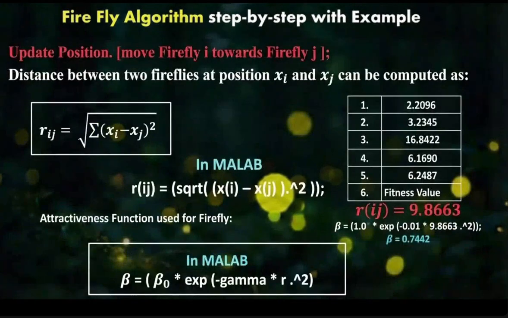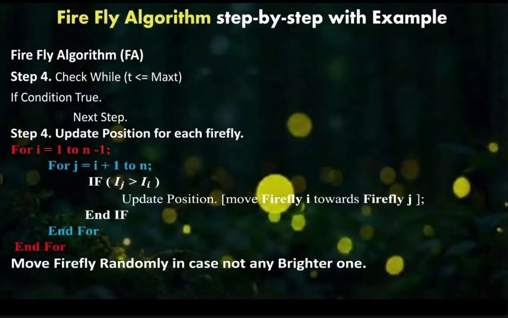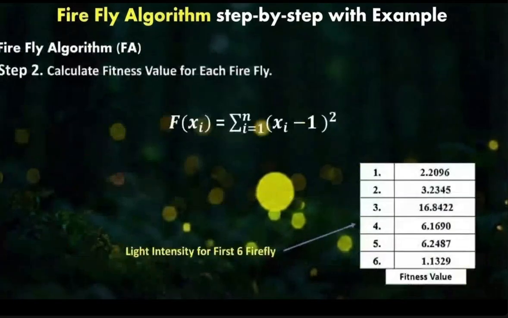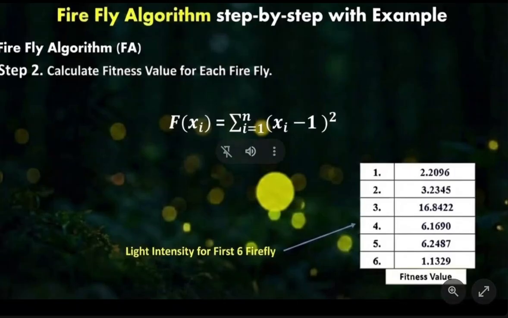The next step, step two, is to calculate fitness. We calculate the fitness of each firefly using the minimization function, summation i goes from 1 to n of (xi minus 1) whole square, and we calculate the light intensity for the first six fireflies, which is shown in the table over here.